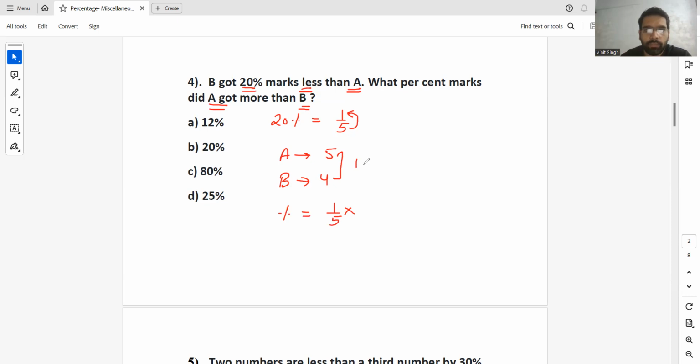Now, A gets 1 mark more than B. So here we are comparing marks of A with respect to B. And the value of B is 4, not 5. Remember these things. Value of B. Here we are comparing the marks of A with respect to B, which is equal to 25%.